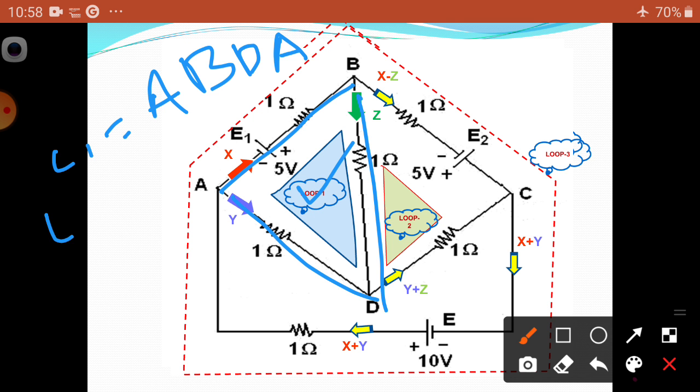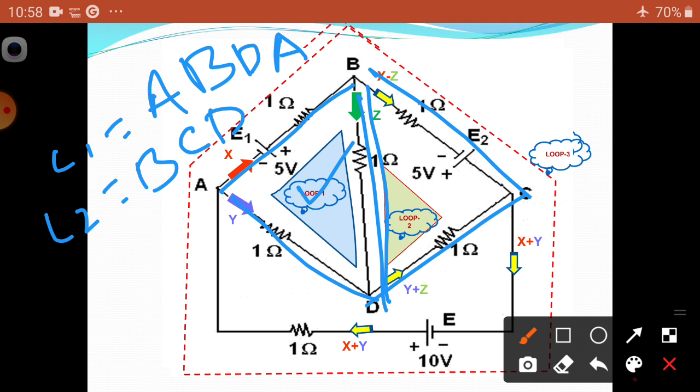Next, L2 is equal to B, C, next C, D, next B. So, that is the second loop. Assume the loop directions arbitrarily.